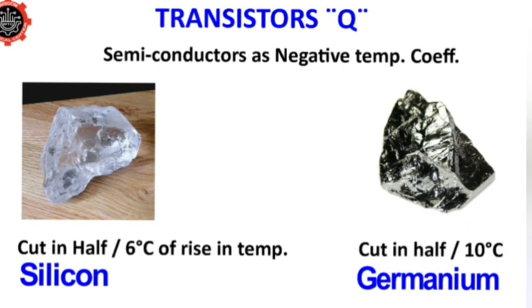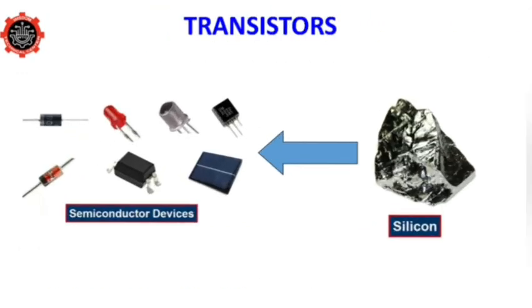Now why that? They are more stable. Germanium is used where heat-sensitive applications are necessary. Today, silicon is used for most solid-state applications and is the big material used out there. Now why that?